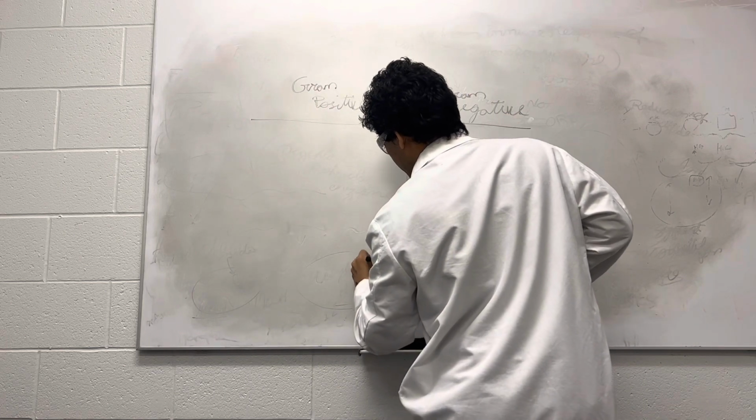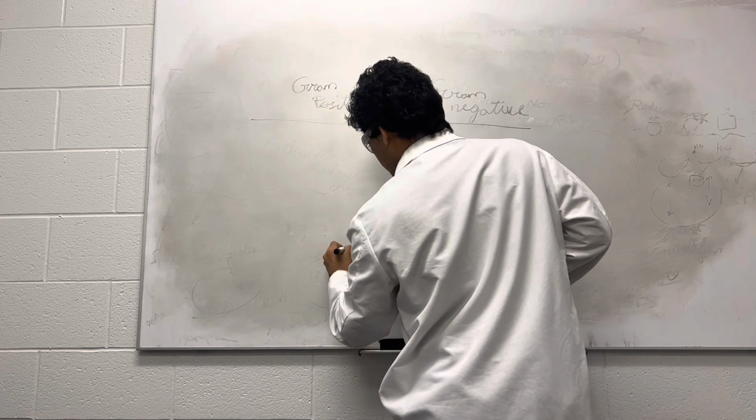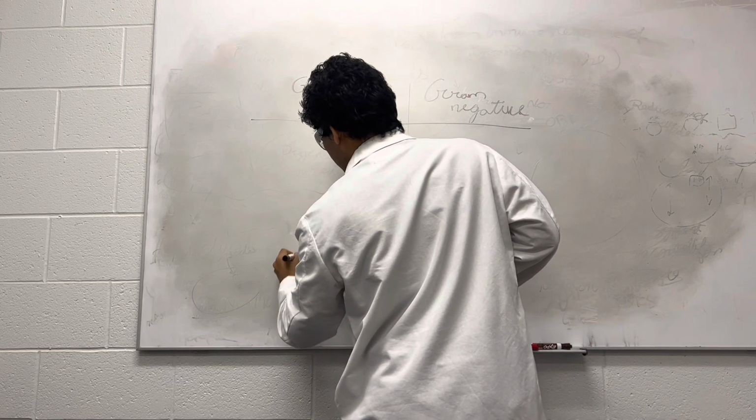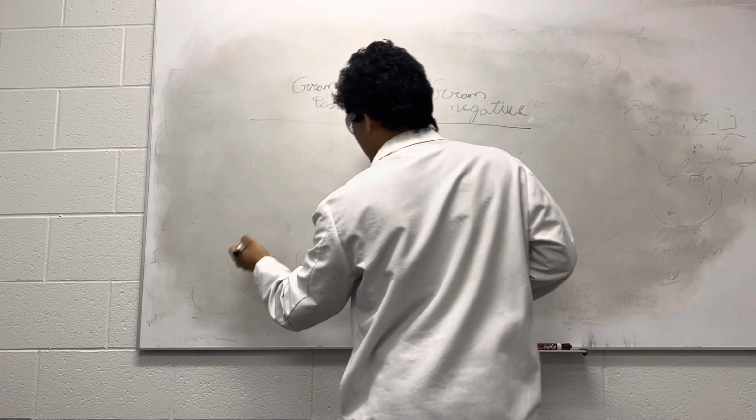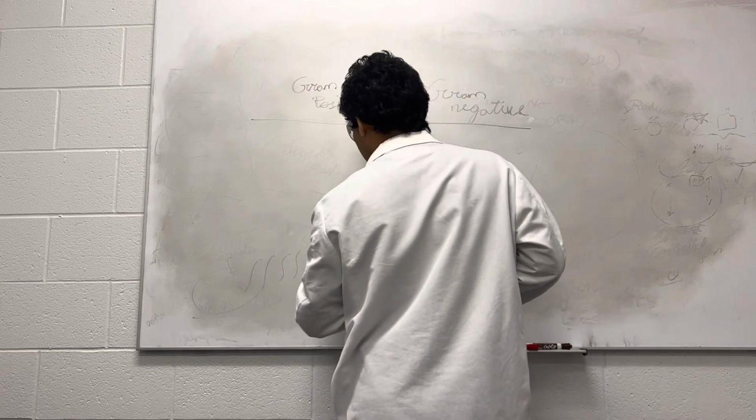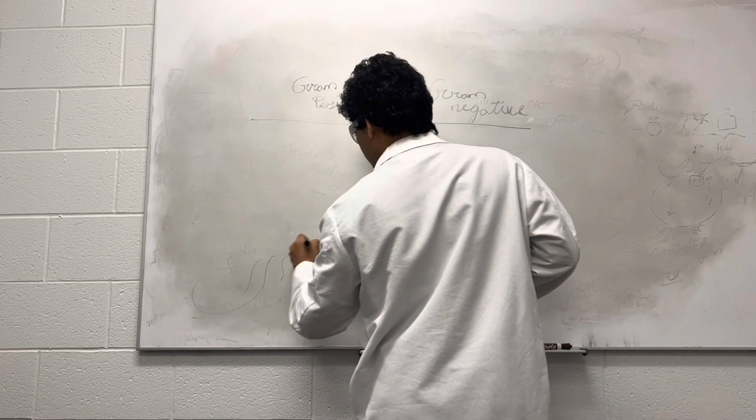Gram positive bacteria have a plasma membrane. After that, they have a thick cell wall.